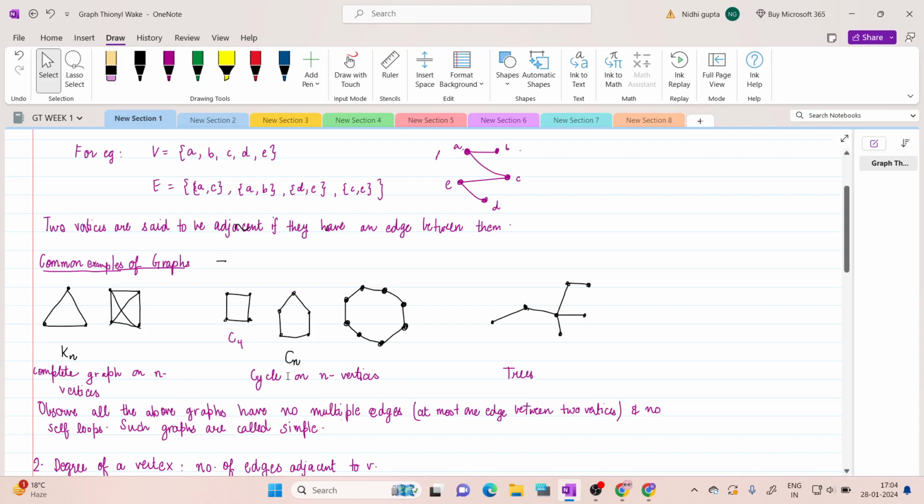Then Cn, a cycle on n vertices: we have n vertices and create a cycle out of them. Another example is trees. A tree is a simple graph with no cycle.